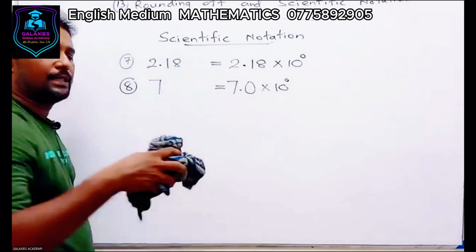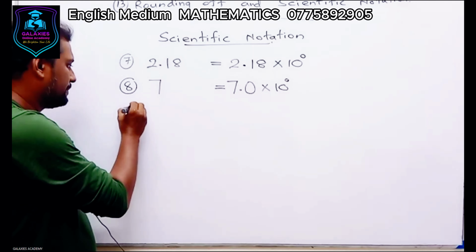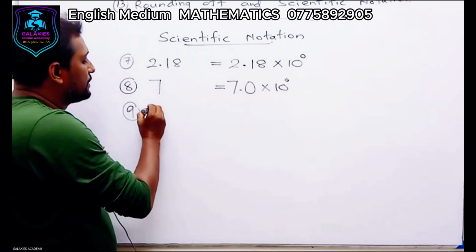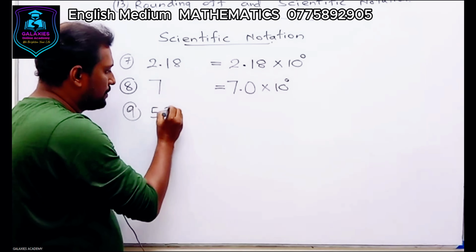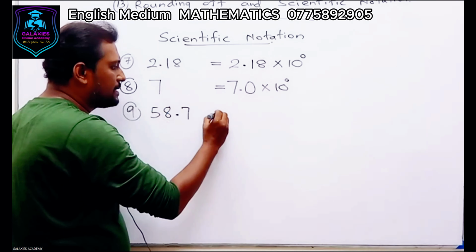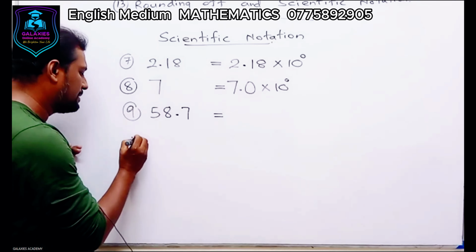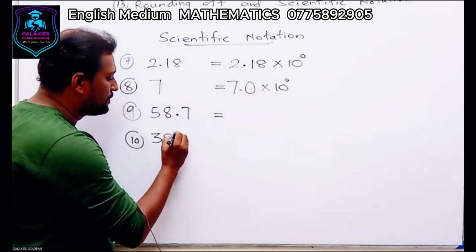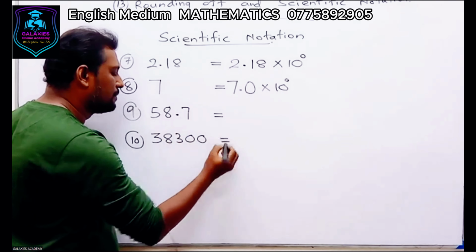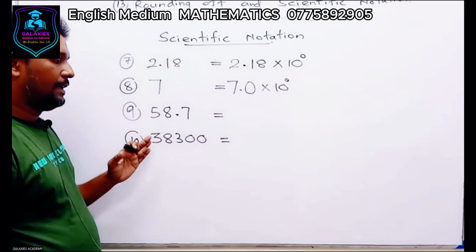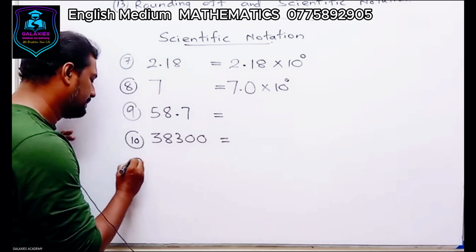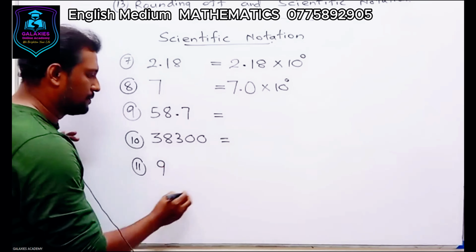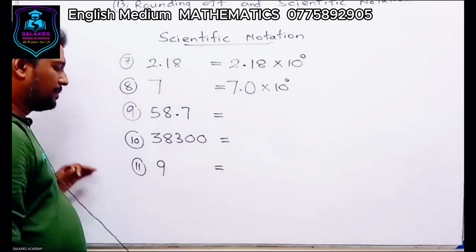Right. Next question. Write down number 9. 58.7. Next one, 38,300. Number 11, 9.